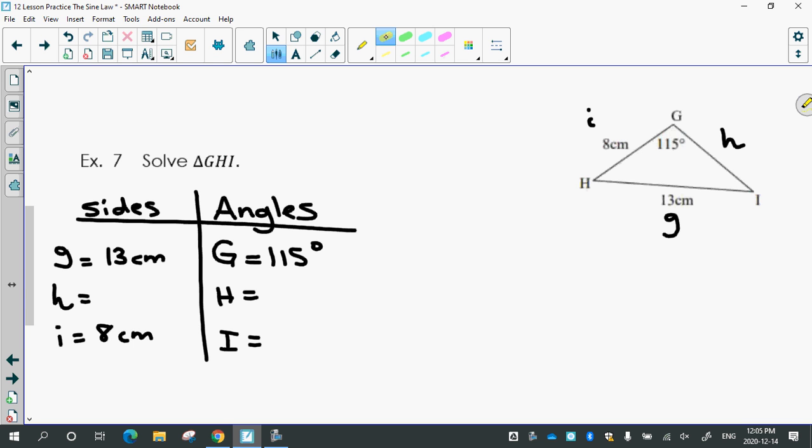If I make my chart up right, I can see that's the side angle pair I have. And yes, in the diagram, that's the side angle pair I have. Everyone see that? Now this question's trapped me in, there's only one thing I can find. See if you can reason through what's the one thing you're able to find right now.